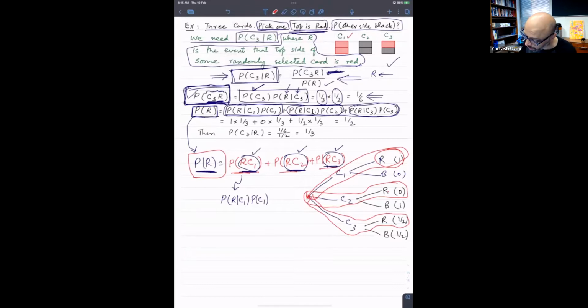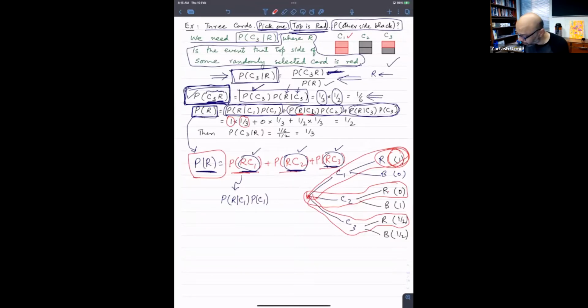If you pick card 1, then with probability 1, जो भी फेस आपके सामने आएगा, ऊपर वाला फेस, वो 100% प्रोबेबिलिटी है कि वो रेड होगा. So this 1 comes from that fact, and 1/3 is the probability that you picked card C1. ठीक है, what is the probability that the face showing up is R given that you have picked card 2?